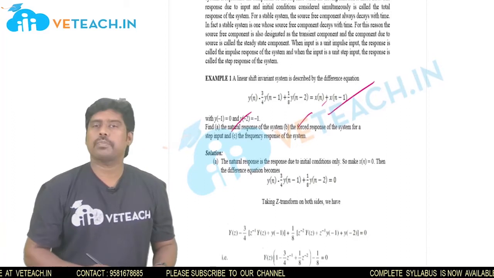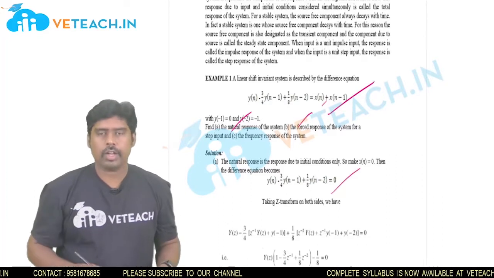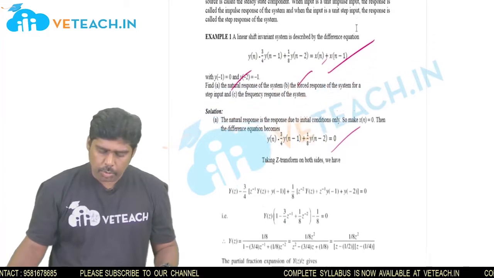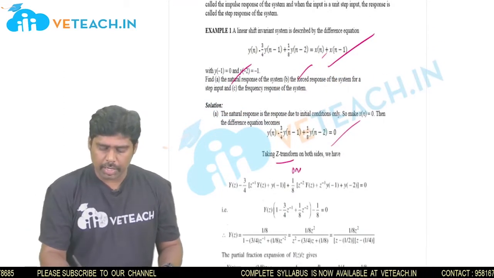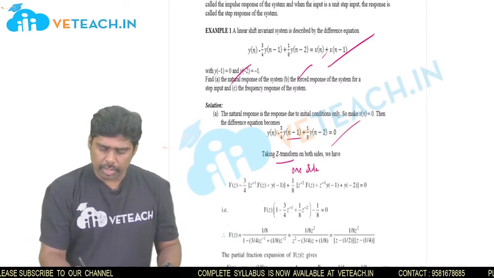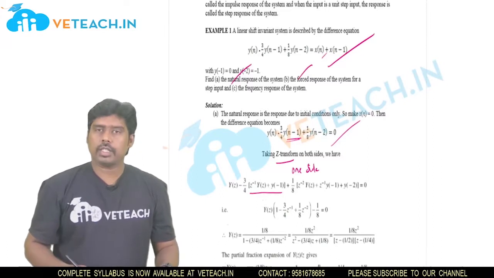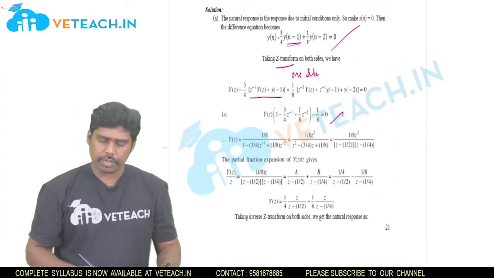Natural response means, going back to the basics, the input is 0, so all x(n) terms are made 0. Apply the Z transform on this, and it is the one-sided Z transform. For the one-sided Z transform, this is the formula for the time shifting property. Apply it and you will get an expression like this for Y(z).